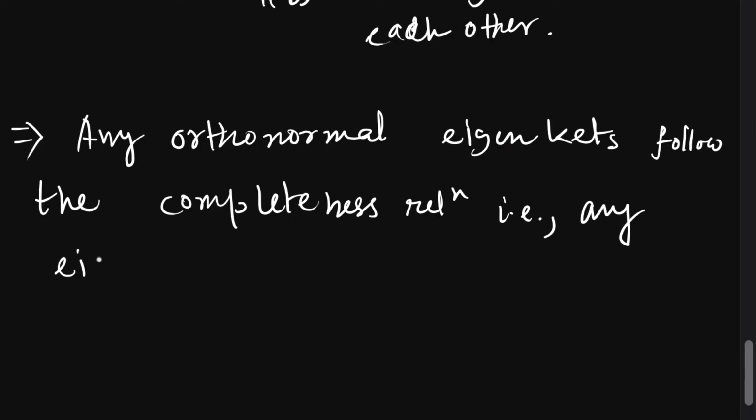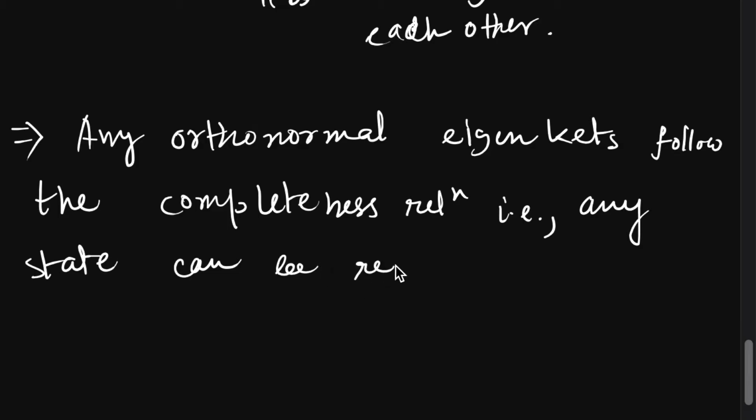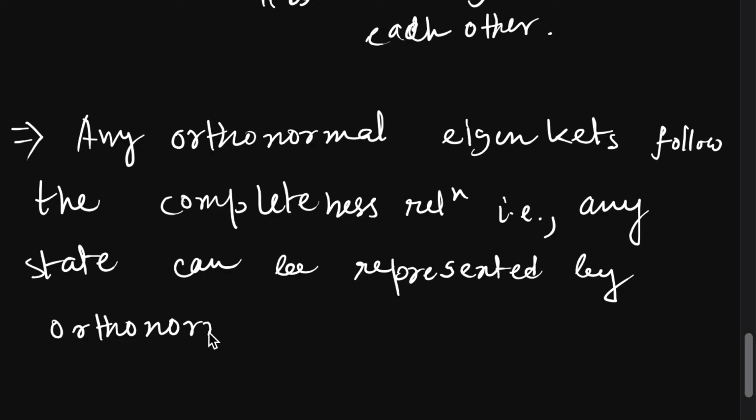That means any state can be represented by orthonormal eigenstates.